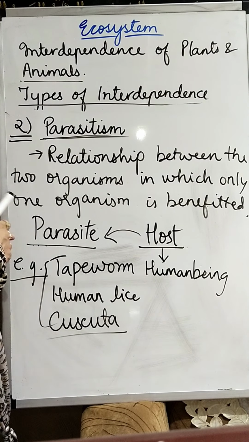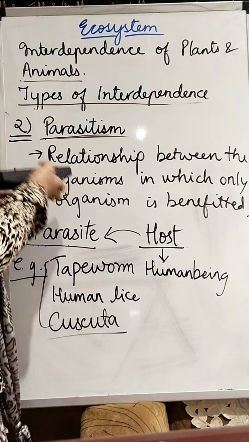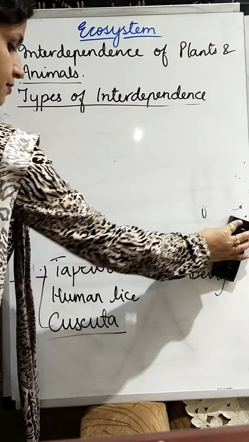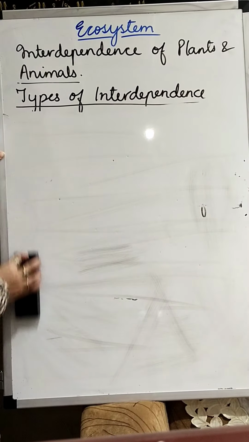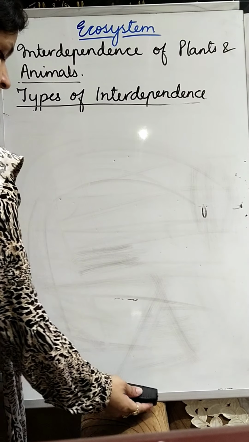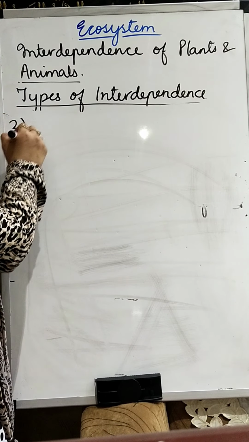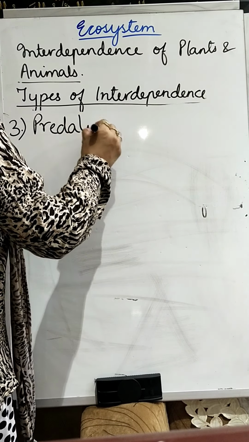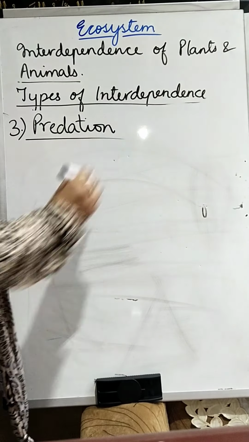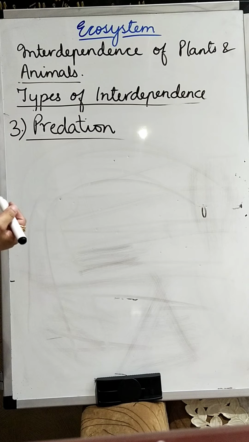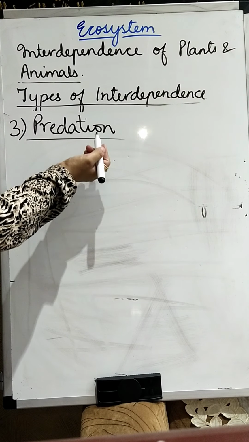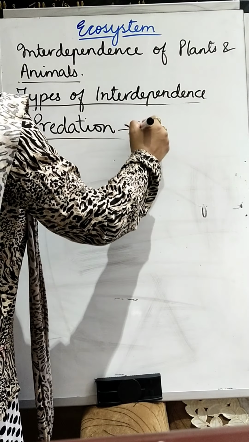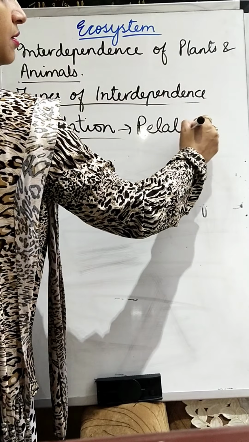Now the third type of interdependence is predation. Predation is a type of relationship between a larger organism and a smaller organism.